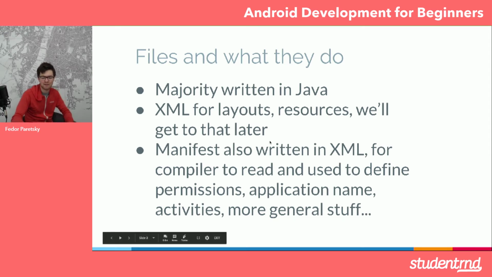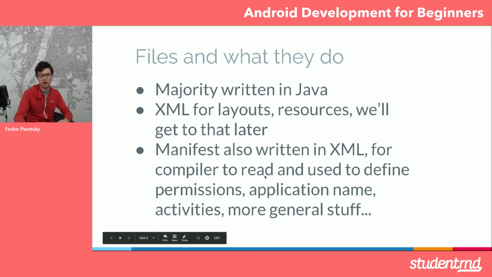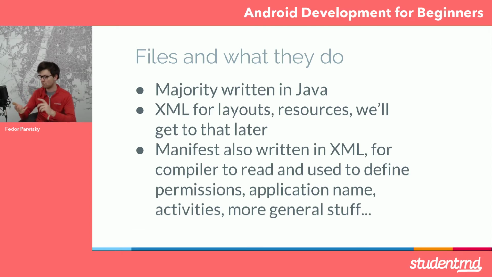The manifest is also written in XML, and that's basically giving the very basics of your application to the compiler to read and understand when it builds the APK, which is installed onto your phone. Things like permissions, what you allow the application to use, like Wi-Fi, Bluetooth, maybe writing to storage, the application name, and all the different activities. Fairly general stuff.